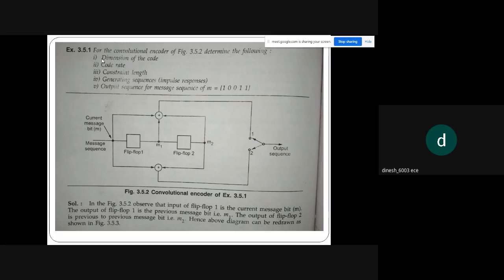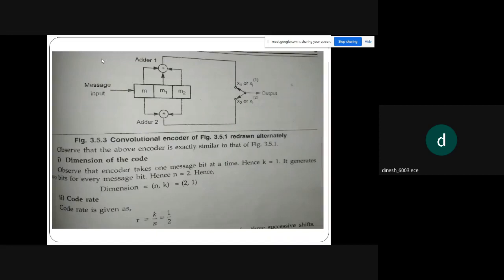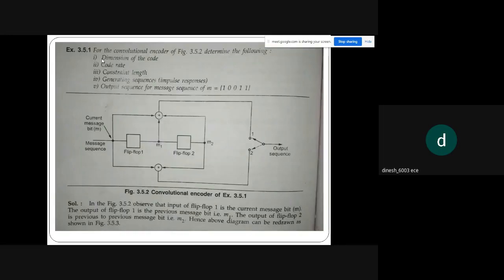So first let us see what the diagram is. The diagram consists of two flip-flops, flip-flop 1 and flip-flop 2. These flip-flops are meant for storage, which are M1 and M2. We can redraw that also; don't worry, we'll redraw it. So flip-flop 1 output is M1, flip-flop 2 output is M2.